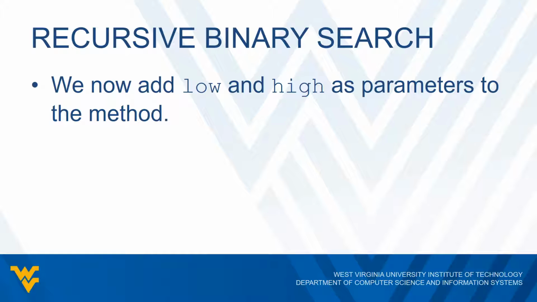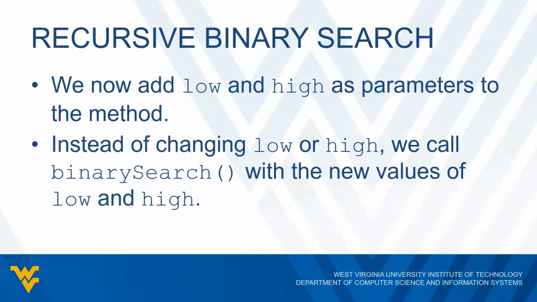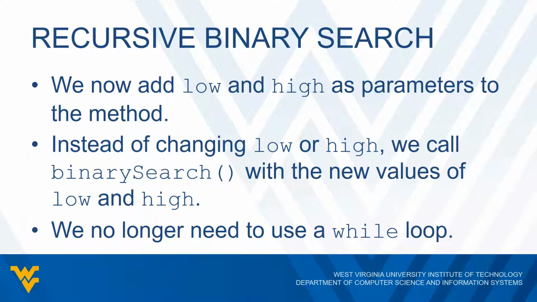Instead of having to change the low or high variables, whenever we call binary search, we would just update the values of those parameters. So when we do that call, we already have our new range. This means we no longer need a while loop. The repetition will be taken care of with each call to the binary search method.